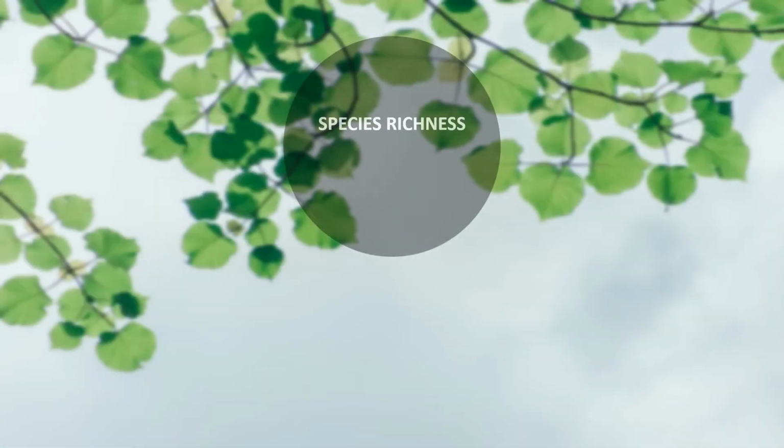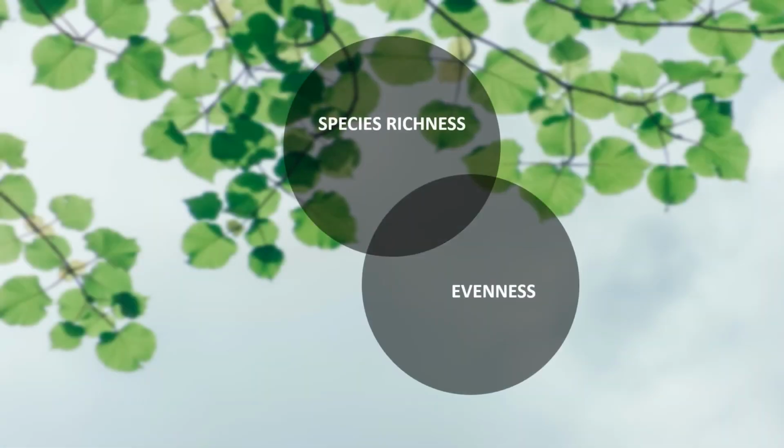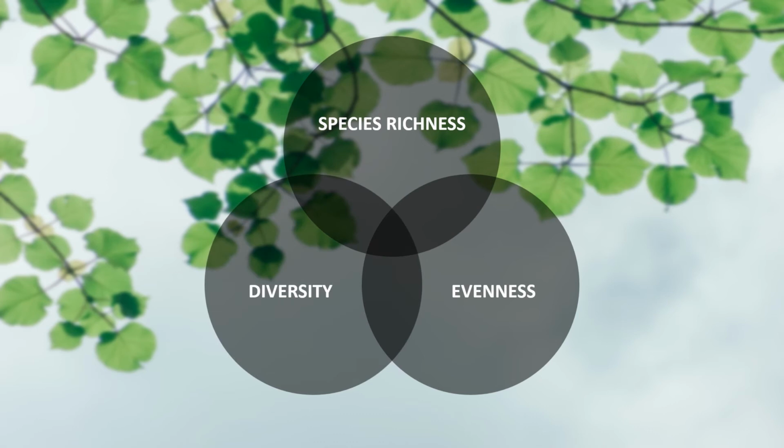Species diversity includes species richness, evenness and diversity. Succession and the response to the climatic change and evolution are considered as temporal changes. Now, what does species diversity represent?